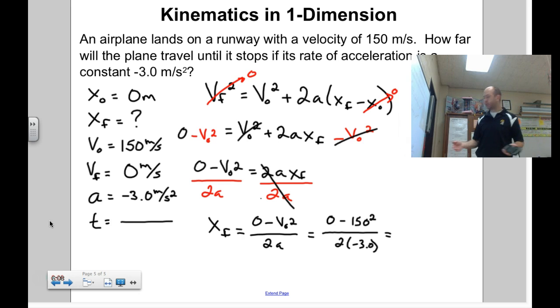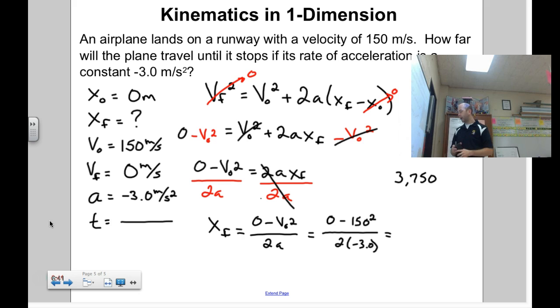So basically do 150 squared and make it a negative number, which is negative 22,500. But I like to type all this in at once. Divided by negative 6, that's how the negatives cancel. I get as an answer 3,750. But this is not my final answer.